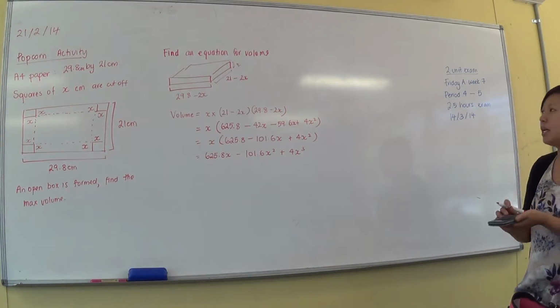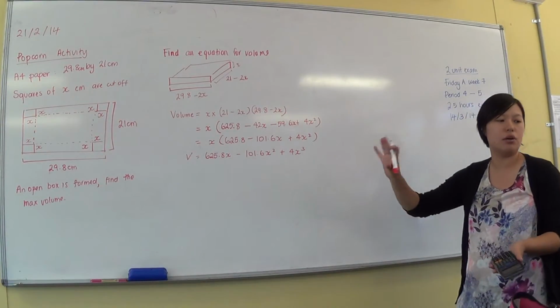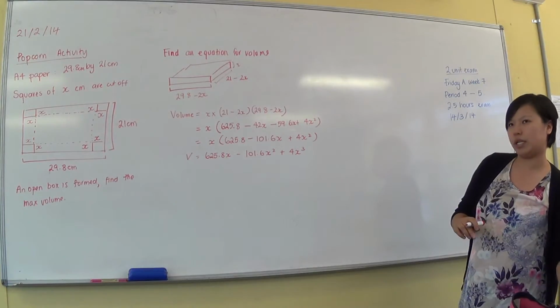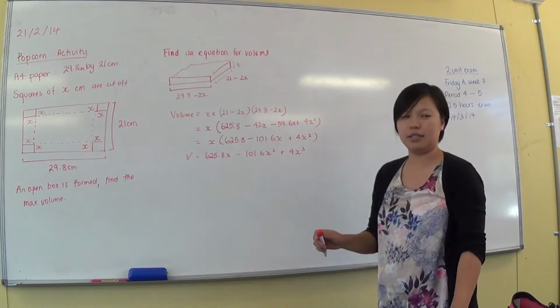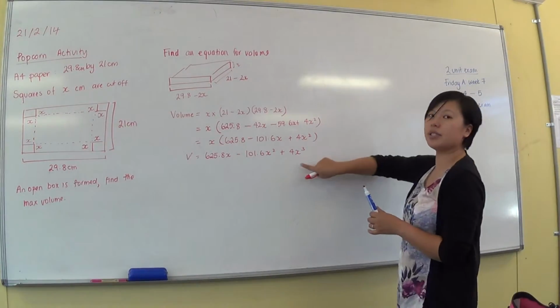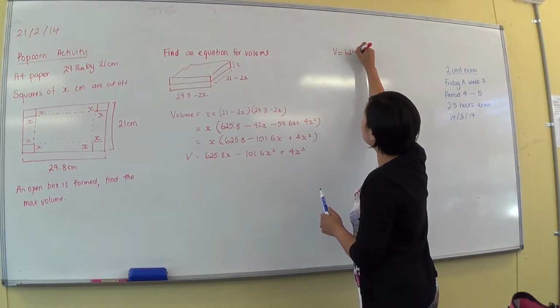Now that we have an equation for volume, what do you reckon the next step is if we're solving for max volume? Differentiate. Yeah, differentiate. So using the equation for volume, you're going to differentiate.